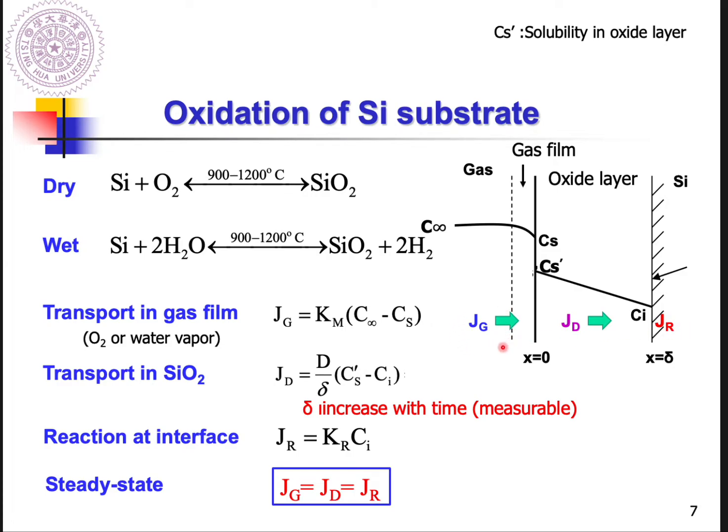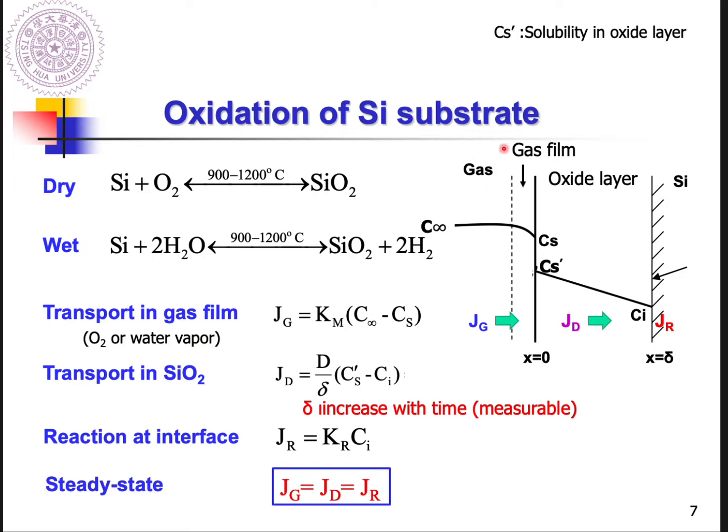So first of all, we can write down the transport in the gas phase. How to formulate that is the transport coefficient times C infinity minus Cs, right? We use the oxygen as an example, but you can also substitute it with the water vapor. It's the same idea.